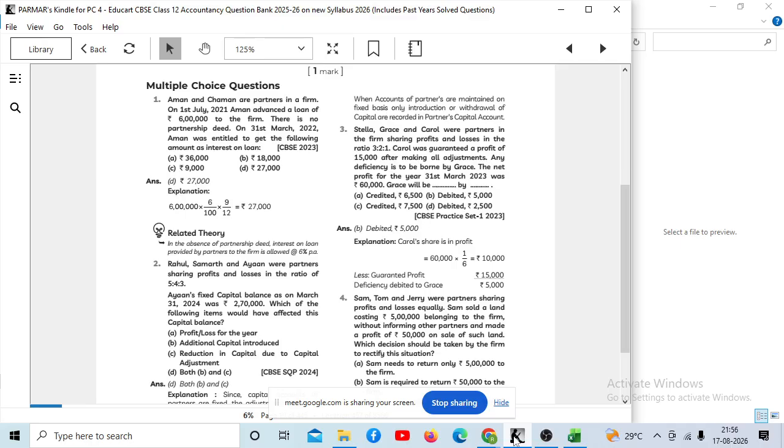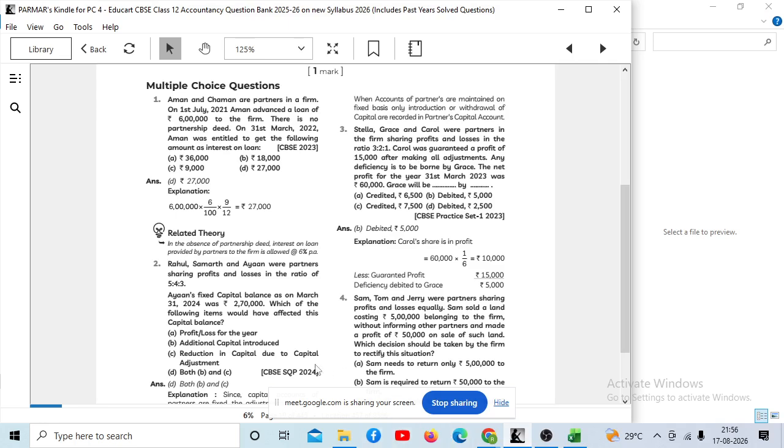Fine. If you divide the 15,000 in the ratio of 3 is to 2 is to 1, what will be the distribution? I mean, you do it only for the last partner. That is, Carol is given the guarantee, no? So 15,000 into 1 upon 6 will be how much? No, sorry, not 15,000.